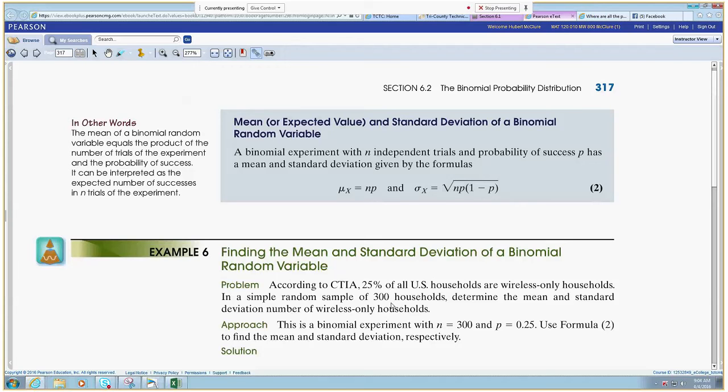So if N is equal to 300, then what's 0.25? P. And then what's Q? Okay, P is 0.25. What is Q? 0.75. Thank you. So the first thing we're going to do is multiply 25% of 300. Well, we know that 10% of 300 is 30, right?